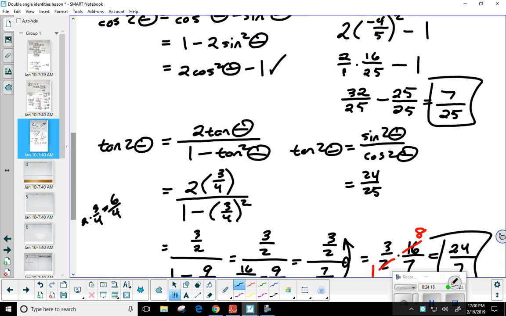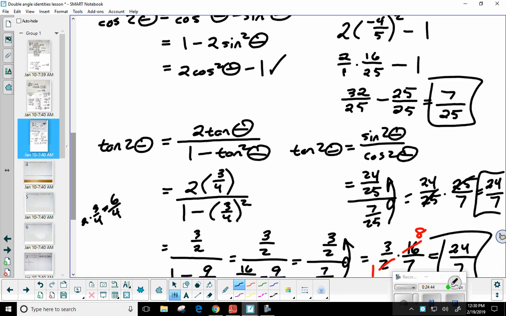Now we're going to divide that by cosine of 2 theta, which was 7/25. When we divide by a fraction, we multiply by its reciprocal. So this is 24/25 times 25/7. You'll notice the 25 cancels, so I am left with 24/7, which is exactly what we got there.